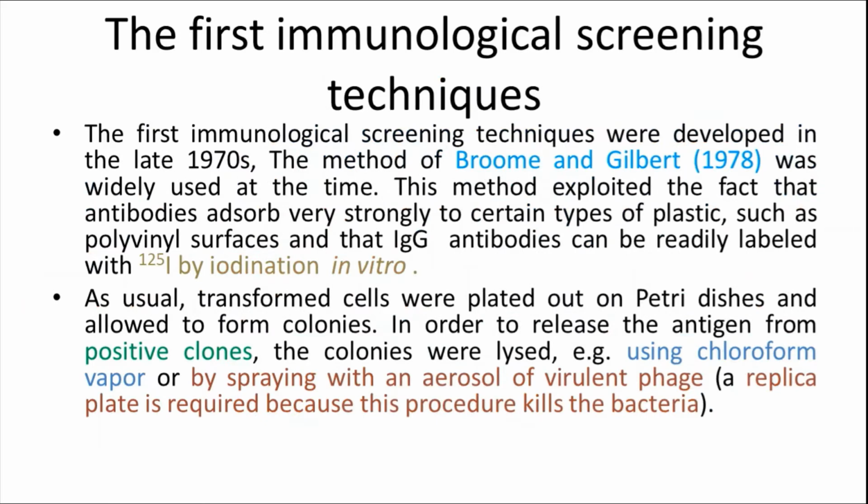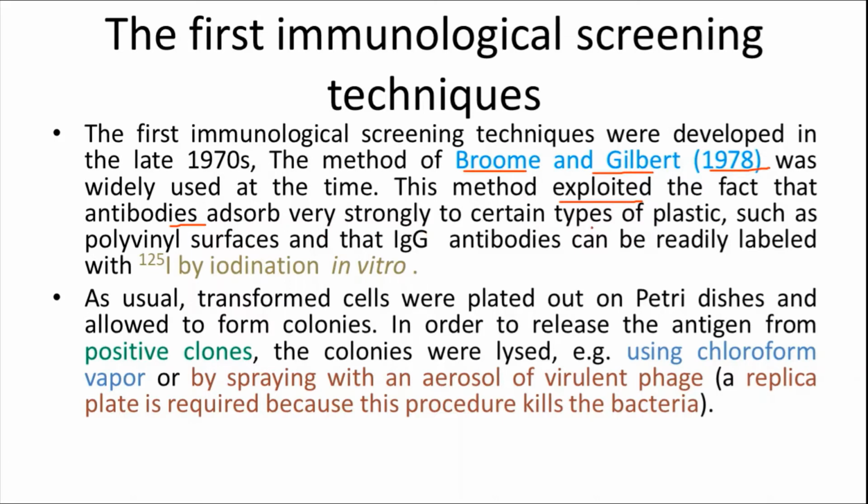The first immunological screening method was done by Broome and Gilbert in 1978, by adding antibodies to the specific culture-containing medium.